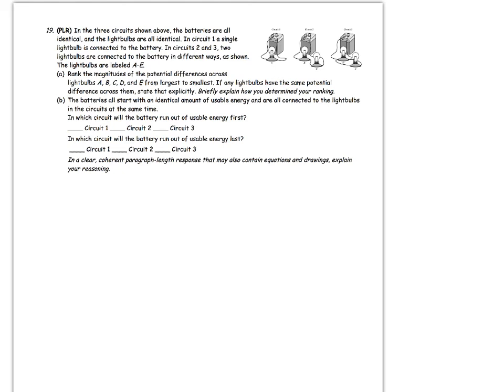All right, moving on to this problem here. We have three circuits that are shown here with combinations of either one or two bulbs connected in either series or parallel. If we look real quick, circuit 1 just has bulb A there, just as a single bulb. In circuit 2, if we look closely, we see that those bulbs are connected in series.